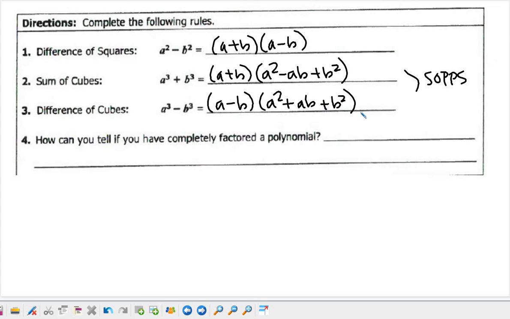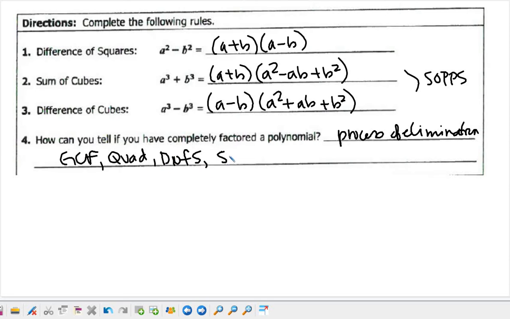So how could you tell if you have completely factored the polynomial? Well, process of elimination is your best friend, because you only have a few things that you can do. You have GCF, quadratic, difference of squares, and sum and difference of cubes.